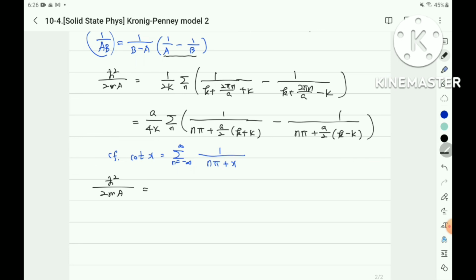a over 4k. That is a cotangent. X means a k plus k over 2, minus cotangent a k minus k over 2.